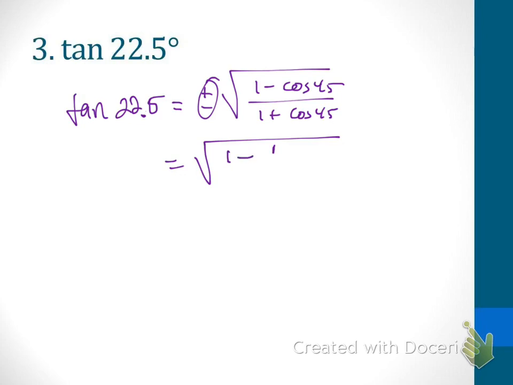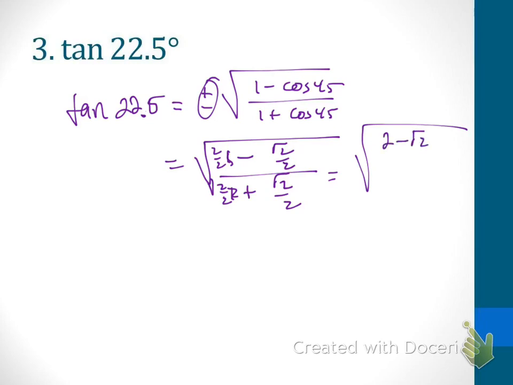So 1 minus radical 2 over 2 over 1 plus radical 2 over 2. Now get common denominator, so 2 over 2, 2 over 2. So we get the square root of 2 minus radical 2 over 2 over 2 plus radical 2 over 2. Then we're going to flip this guy and multiply it, and I'll show it down here.